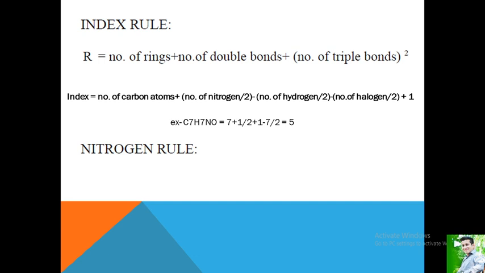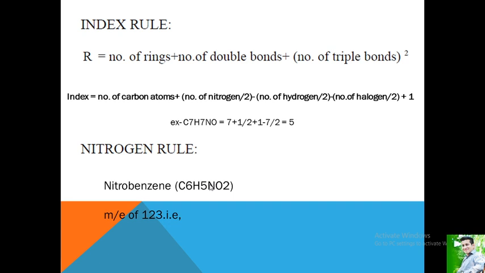To explain the nitrogen rule, let us consider nitrobenzene. The signal for the molecular ion peak appears at mass to charge ratio 123, which is an odd molecular mass, since the compound contains only one nitrogen atom.